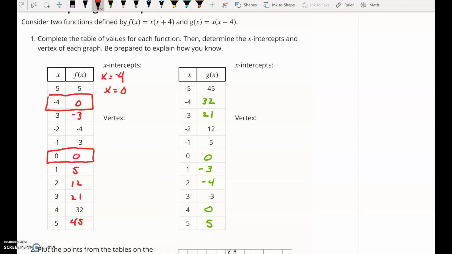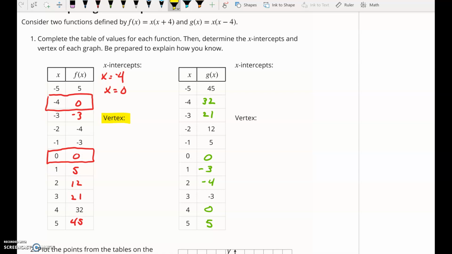How about the vertex? Remember, the vertex is the highest or lowest point on my graph. So if I'm looking for the vertex, I'm looking at where my y values change direction. I go 5, then 0, -3, -4, -3, 0, 5. Notice that I'm changing directions here.